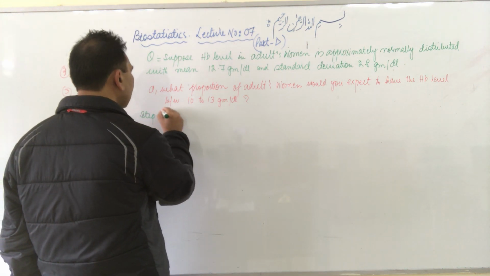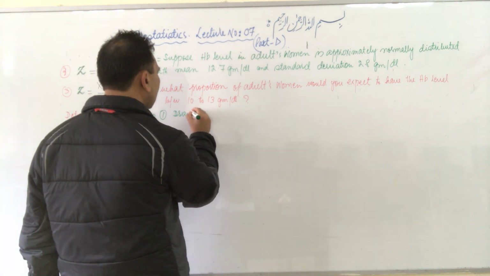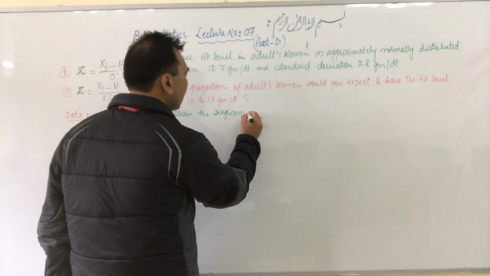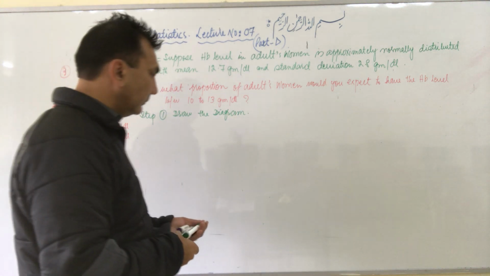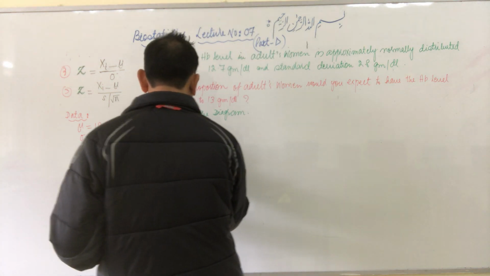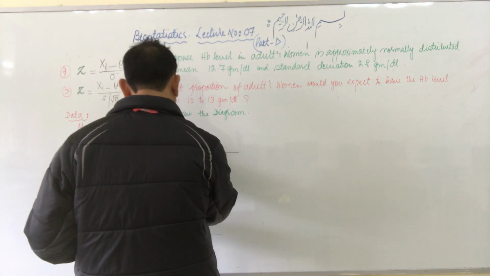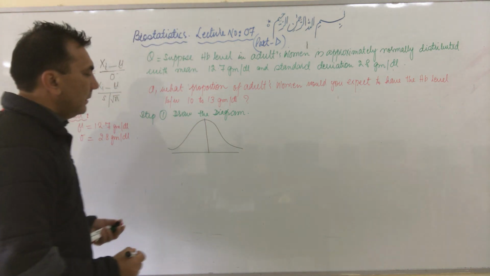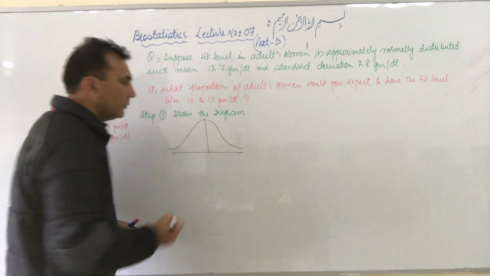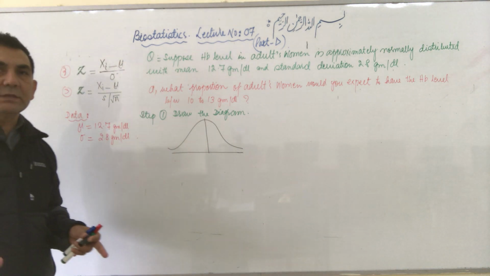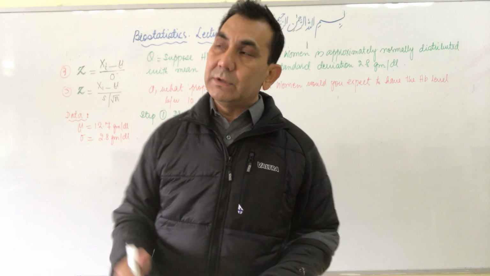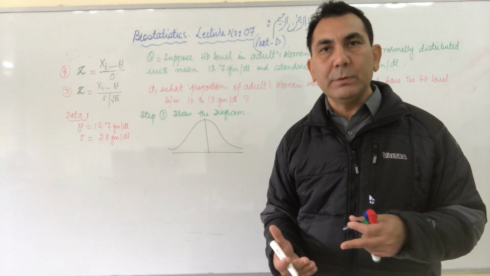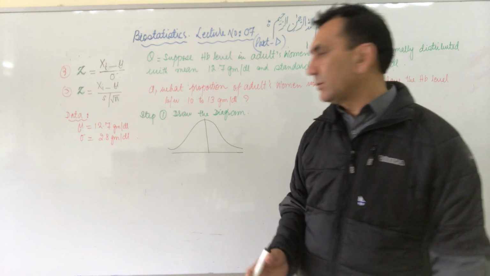Step number 1, we draw the diagram. As I told you, normal distribution data is always bell shaped. The best property of the normal distribution is that the mean, mode, and median always lie in the center.